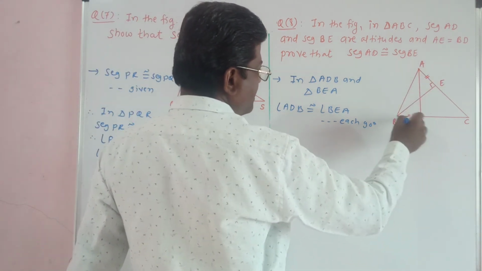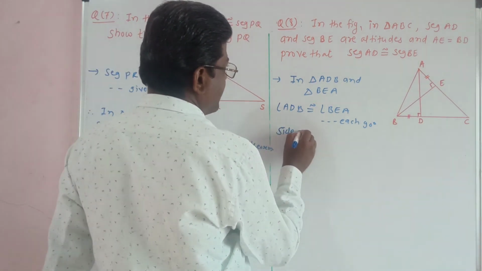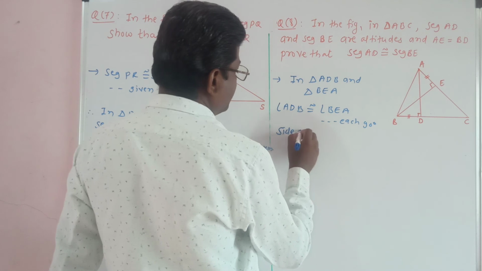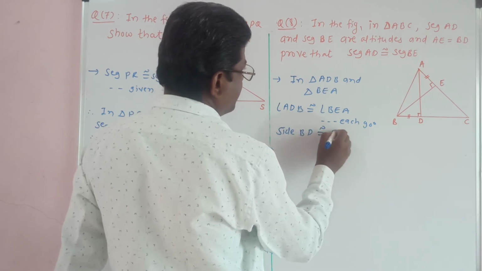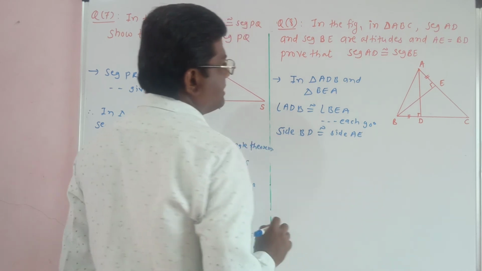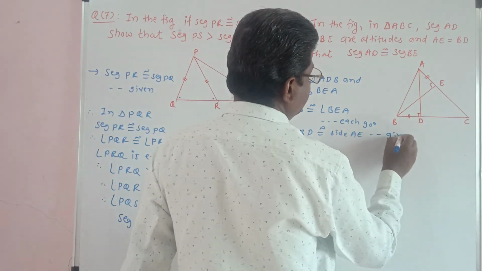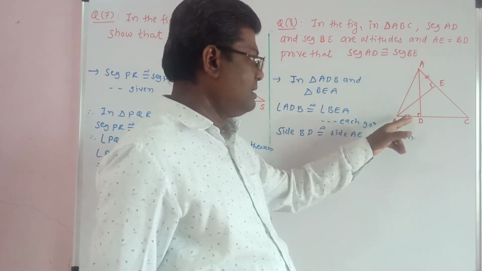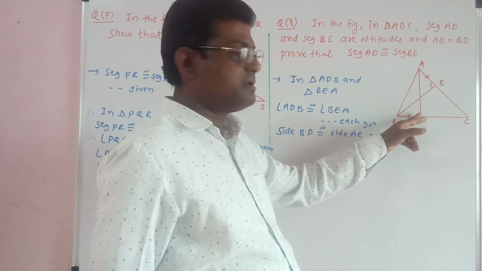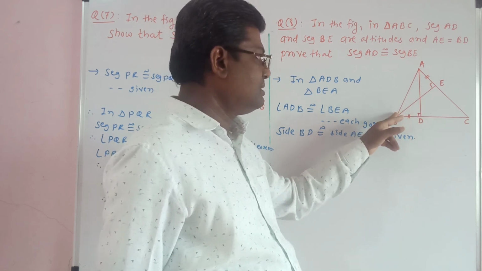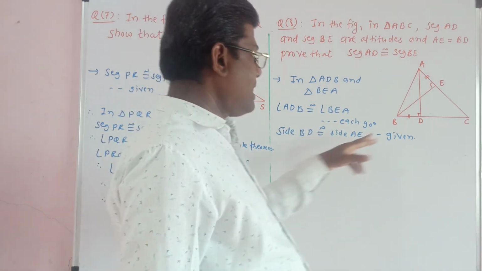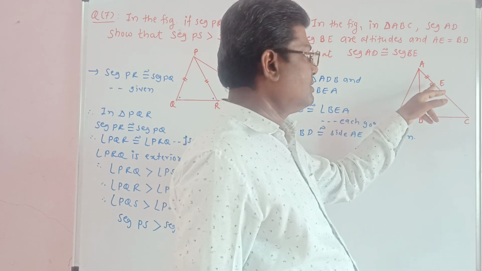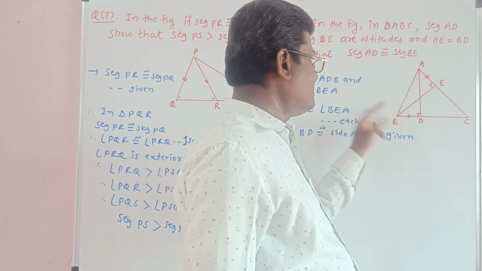Side AE congruent side BD. It is also given. And let's see for triangle ADB, this is angle 90 degrees, so side opposite to this is BA, and in triangle BEA, this is 90 degree angle, so side opposite to this angle is BA.